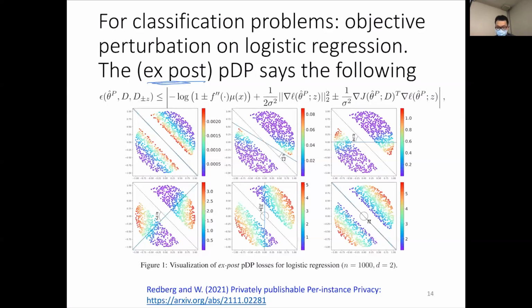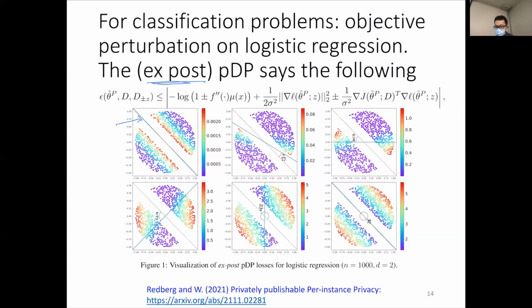Suppose the final output of the logistic regression classifier nearly perfectly separates these two groups of data points. Then the further away you are from the decision boundary, the more confident the classifier is in classifying your data point, and that implies that your privacy loss is proportionally smaller.